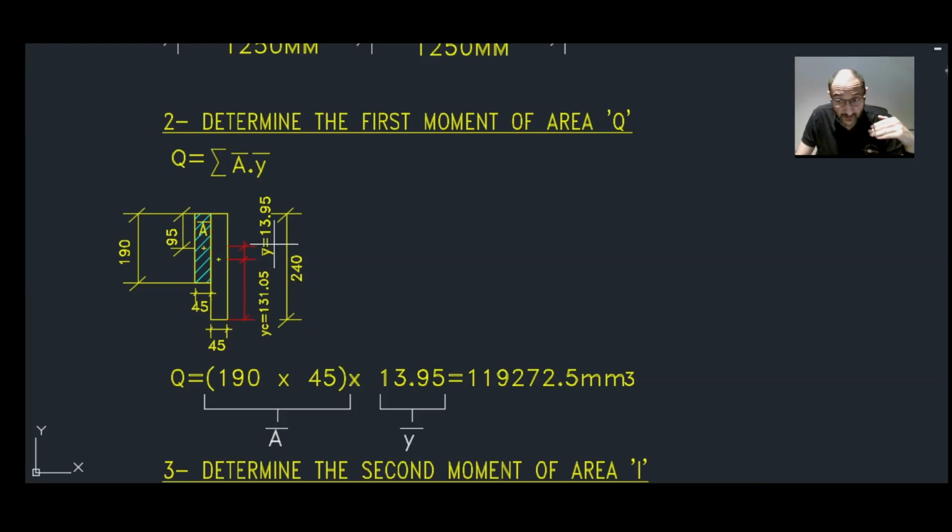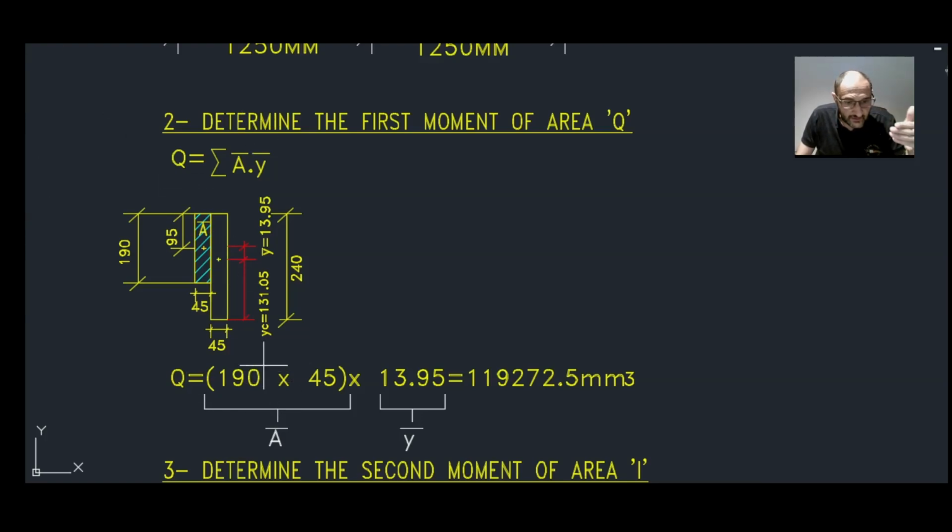So Y bar, which is the distance from the centroid of that hatched area to the geometrical centroid of the whole section, is 13.95 millimeters. So simply that's 240 minus 131.05 minus 95, which is half of 190, and that will be 13.95 millimeters.